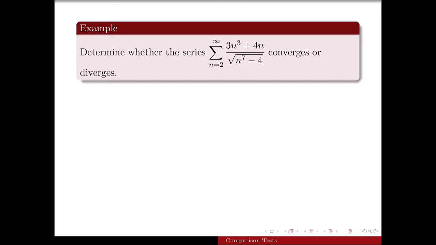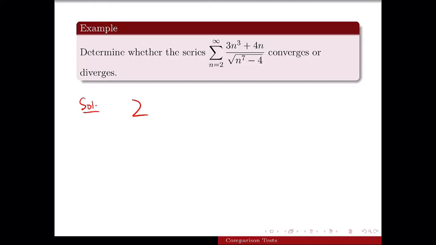In this solution, I will give you a hint or a technique on how to choose the series you want to use for comparison. If you just have algebraic expressions in the numerator and denominator, it will be easy.